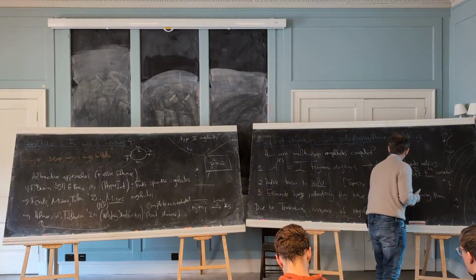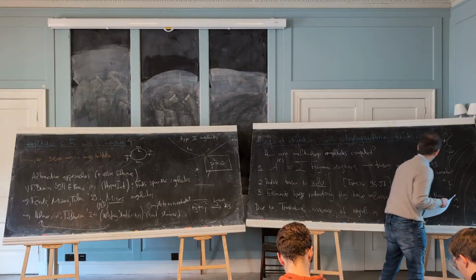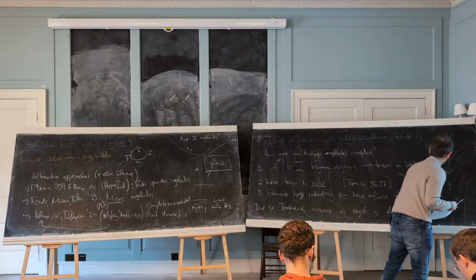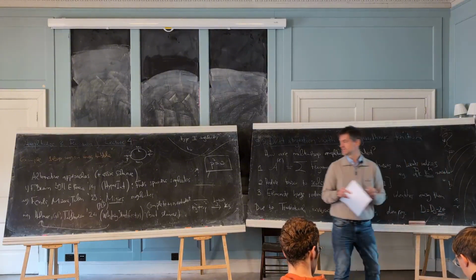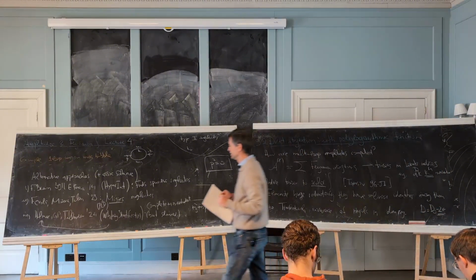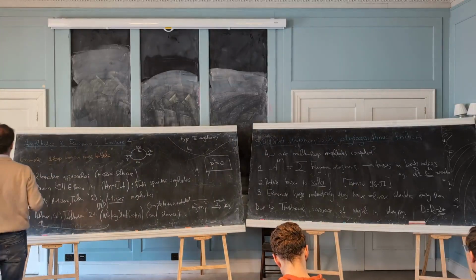So we already mentioned last time that we make dimension d to be some integer minus 2 epsilon. This way takes care of infrared and ultraviolet divergences of the integrals.